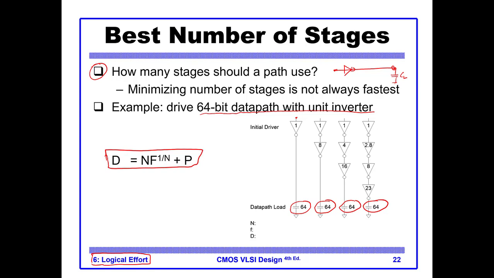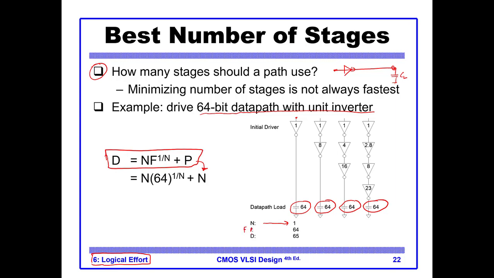Now if we apply this formula here, because all the gates are inverters, and for each gate the parasitic delay is 1, we can replace p by n, because every gate has a parasitic delay of 1 and we have n inverters. So the formula becomes n multiplied by 64 raised to the power 1 by n, plus n. We can solve this for n equal to 1, where this is capital F, not small f.